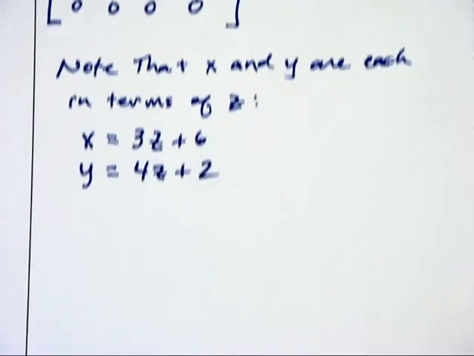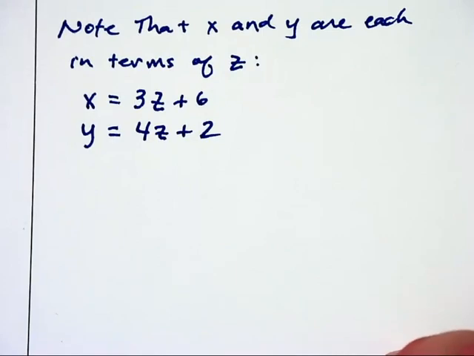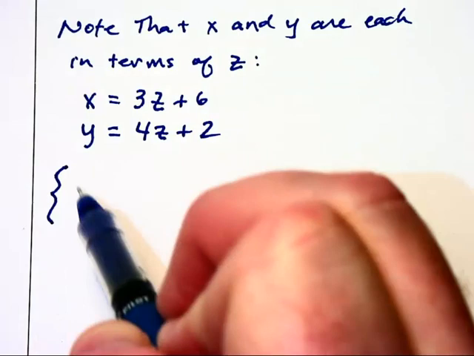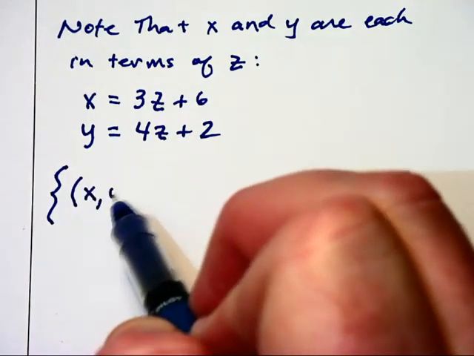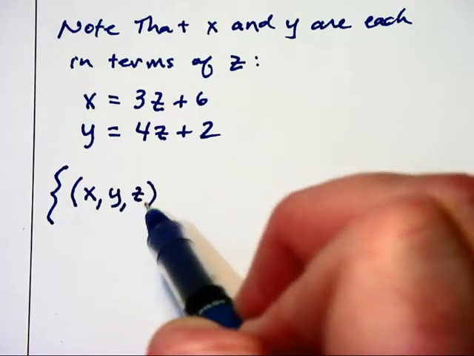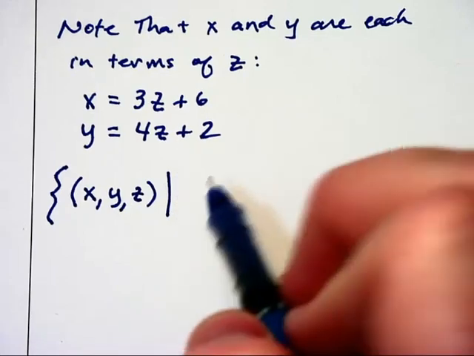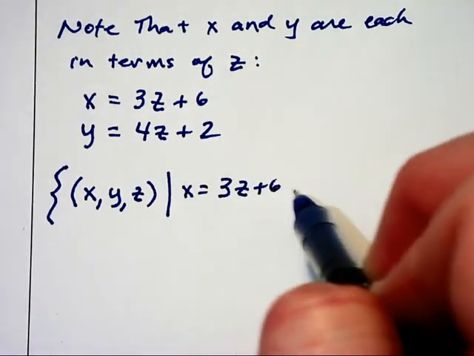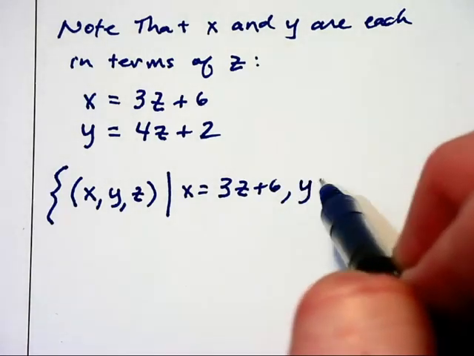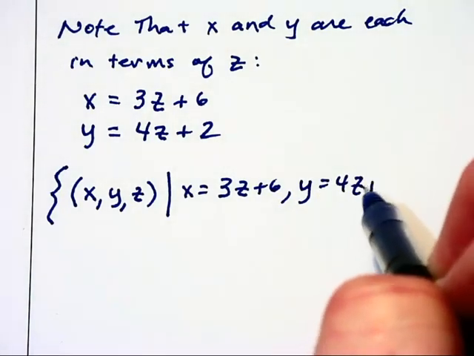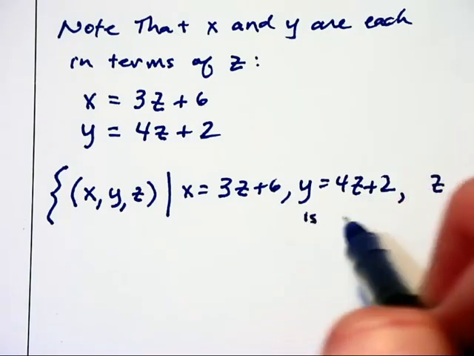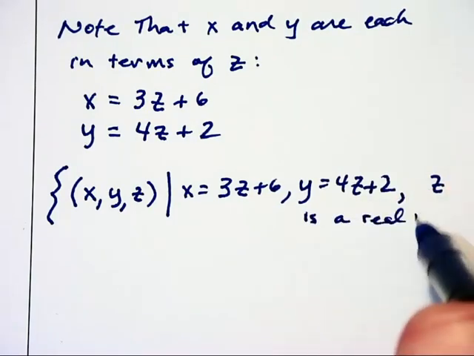Okay, that allows me to write my solution set in a special form. I can say my solution set is the set of all points x, y, z such that x is equal to 3z plus 6 and y is equal to 4z plus 2, where z is a real number.